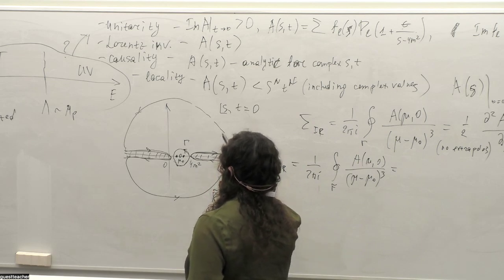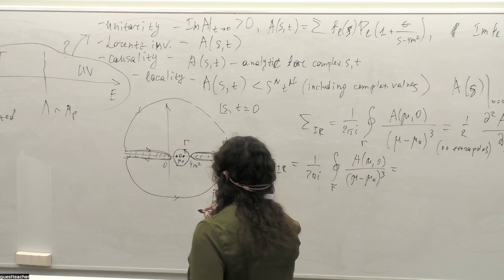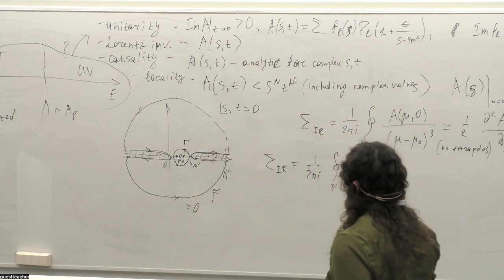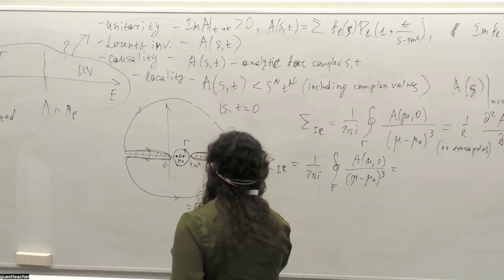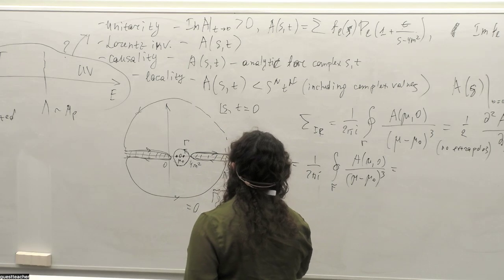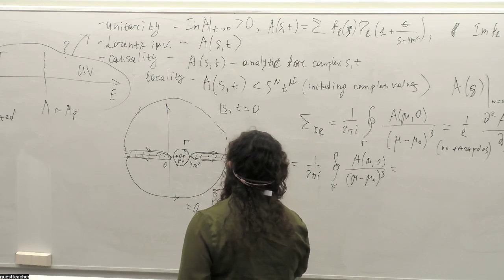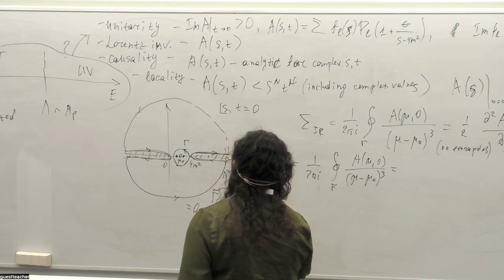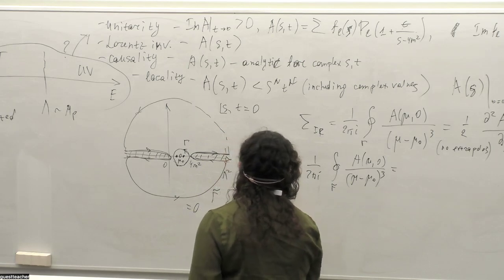First of all, the integral over the infinite circle will be 0 because we have the Martin-Froissart bound, and it will have just the form that I'll take a of mu, exponent of i theta, d theta.